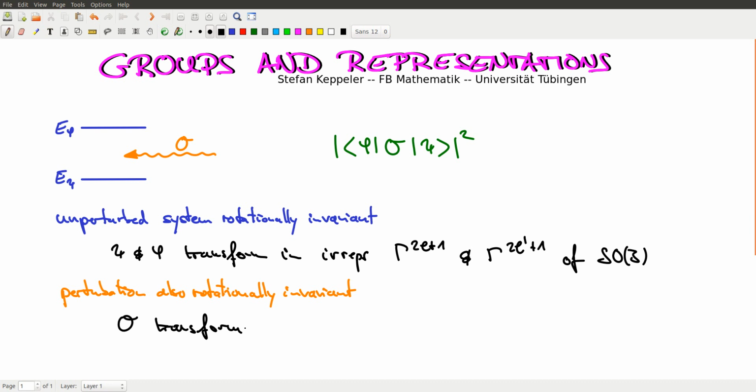So it would be one operator in a set of operators which together transform in some irrep. For short I write O transforms in some SO3 irrep, and if this is ordinary light, it would be so-called dipole radiation, which is relevant here, and then that would be the three-dimensional irrep of SO3.